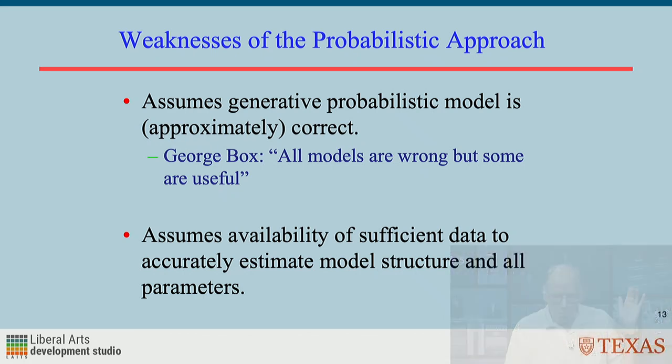Well, what are some of the weaknesses of this whole approach? Well, it assumes that we have this generative probabilistic model and that it's at least approximately correct. But of course, that crazy model of two urns of randomly sampling words is not a good model of how email is generated at all. But there's this great aphorism from a statistician named George Box. He said, all models are wrong.